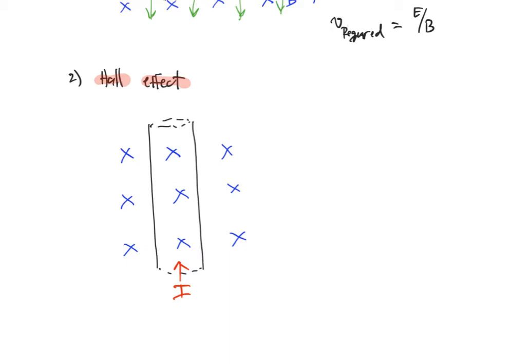And again, if I use the right-hand rule, fingers pointed into the page, thumb pointed up, there's going to be a force to the left, which means over time positive charges get deflected towards the left. And you're going to end up with excess positive charges on one side of this metal conductor and excess negative charges on the opposite side of the conductor.